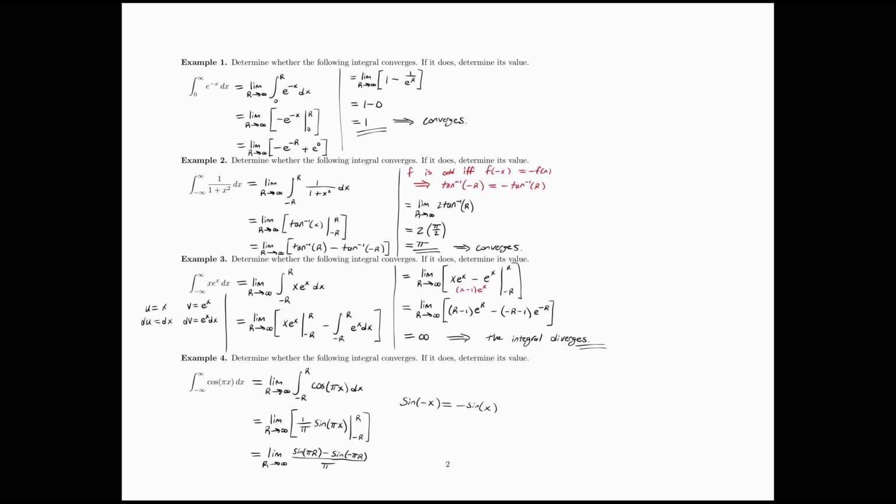So in this case, whether we pull this negative out or we bring this negative in, we essentially get rid of all the negatives. So because sine of x is an odd function, we have this nice property. So this becomes 2 sine of pi r over pi.